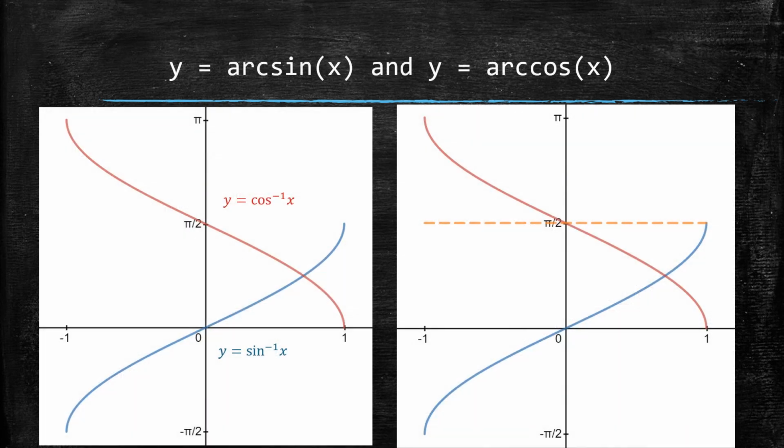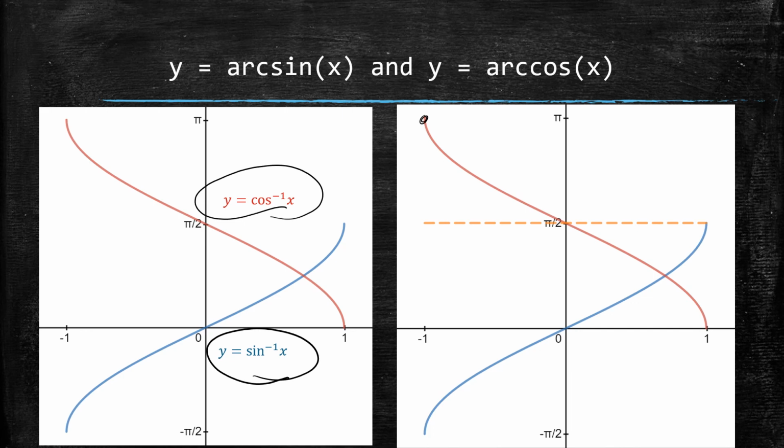Okay, and then lastly, I found these graphs and I thought they were a nice visual for that first identity we had. If you're adding inverse sine of x plus inverse cosine of x, that means you're adding the y values of these two curves, and we will always get pi over 2. So you're going to come up with that orange line, right?